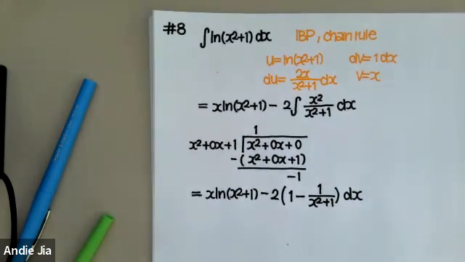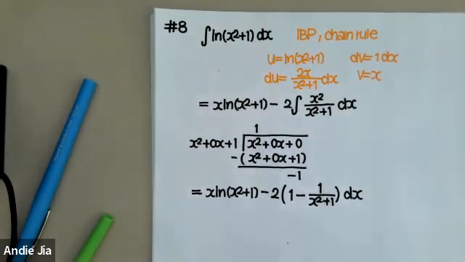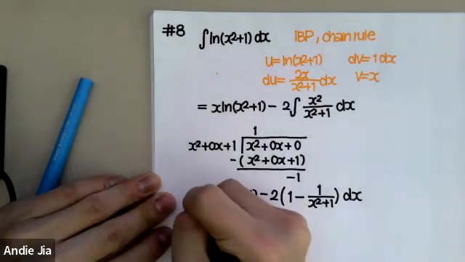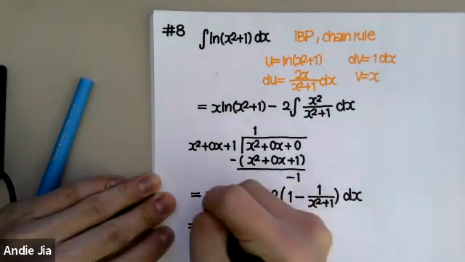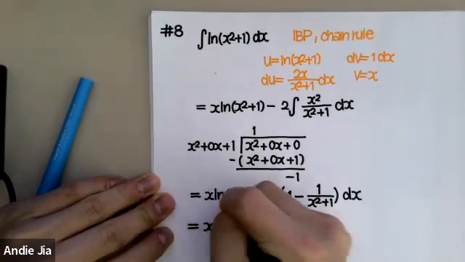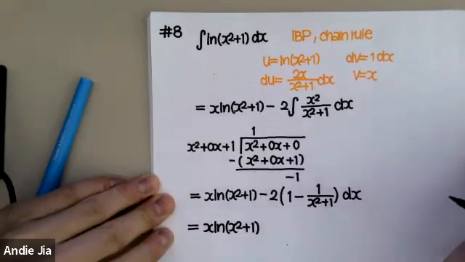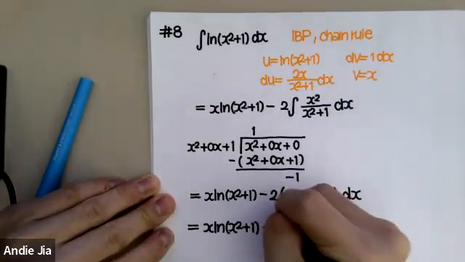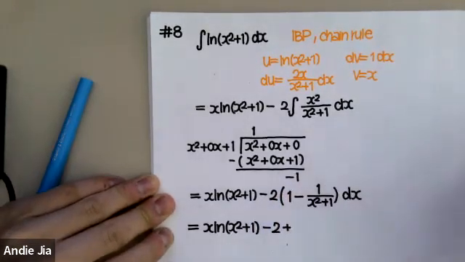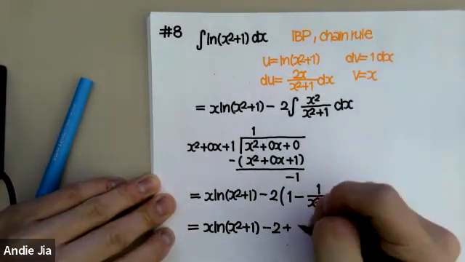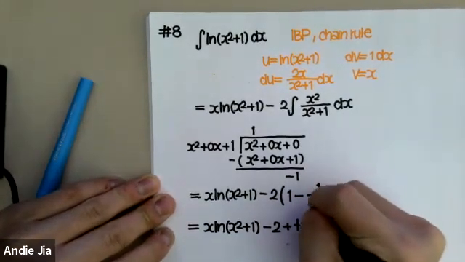Now you know how to do the rest of the integral, right? And we just need to write it as x times natural log of x squared plus 1, minus 2 times x, plus inverse tangent of x, plus the constant of integration.